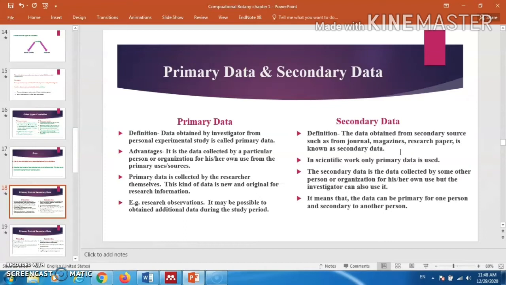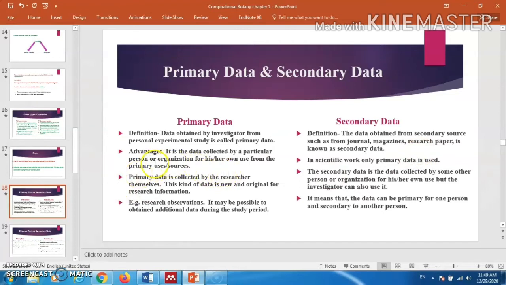I agree that you have found that information, chosen it, read it, and thoroughly analyzed it, and then used that particular accurate information in your study. But the data is not organized or collected by you. It is collected by that particular author, and then it is secondarily used by you. Hence it is called secondary data.